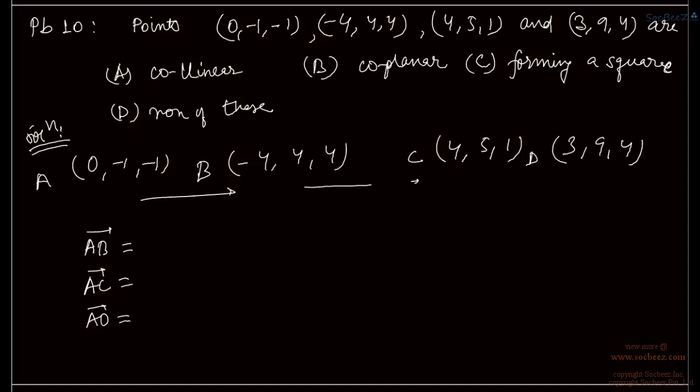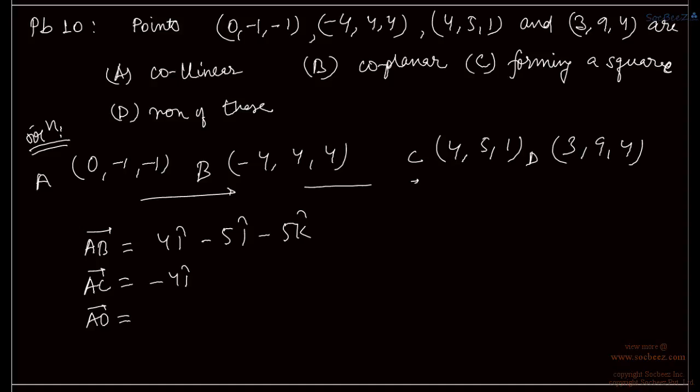For these points to lie on a plane, all three vectors must be coplanar, which means they are dependent. So we have the AB vector as this minus this: 4i, minus 1 minus 4 is minus 5j, minus 1 minus 4 is minus 5k.